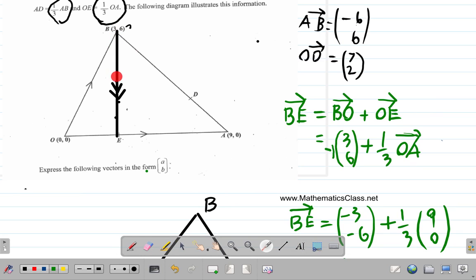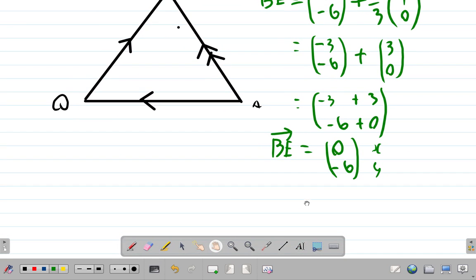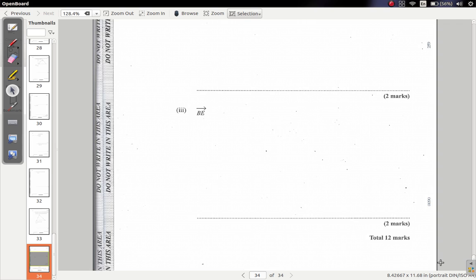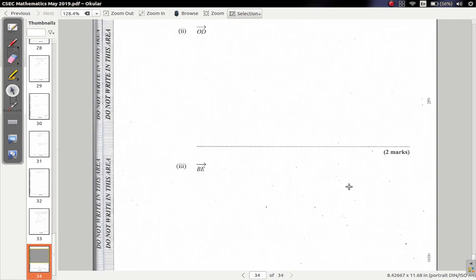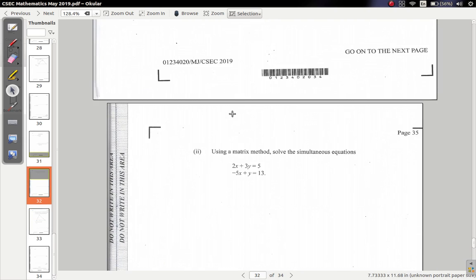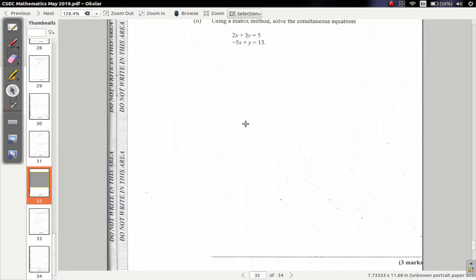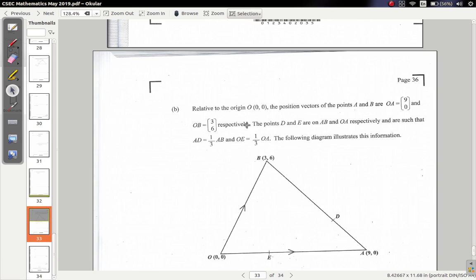From B to E is straight down, and it is 6 units down. That is what it is saying. So do you see that? So that was part B of question 10, the last question of the paper, of the May 2019 paper.